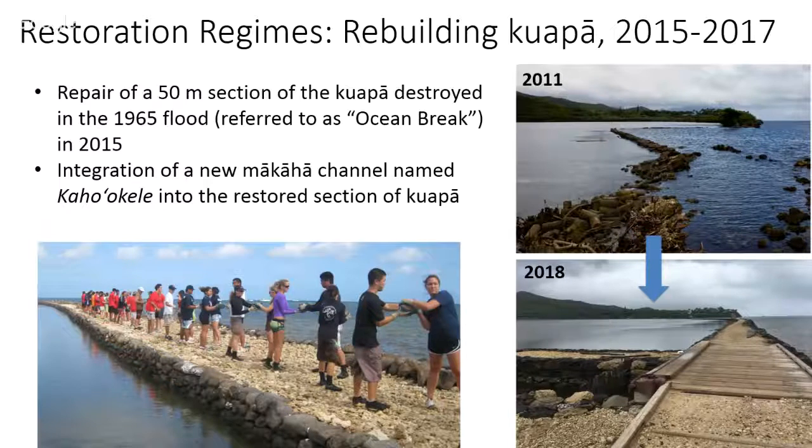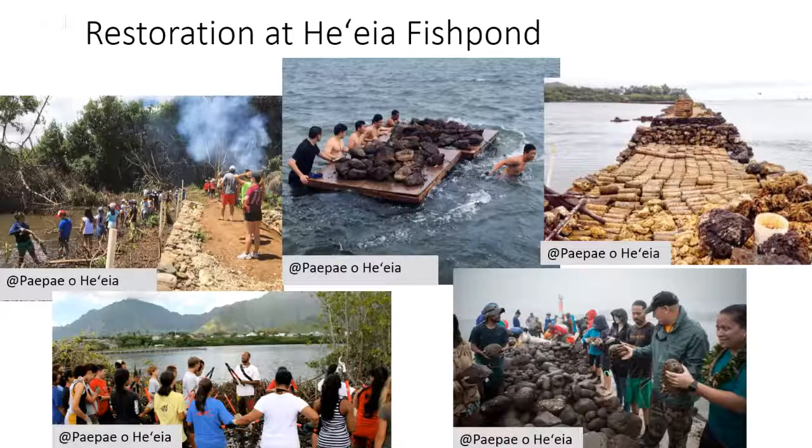These are just some pictures of the restoration efforts that have been going on. You can see they have a lot of community work days, I believe every second and fourth Saturday of each month. You can come and help Paipai'ohia with their restoration work.